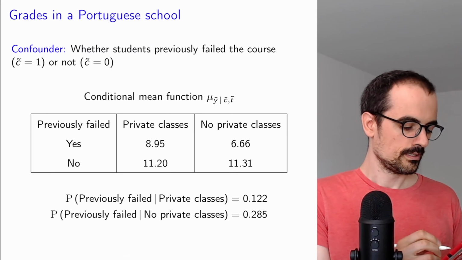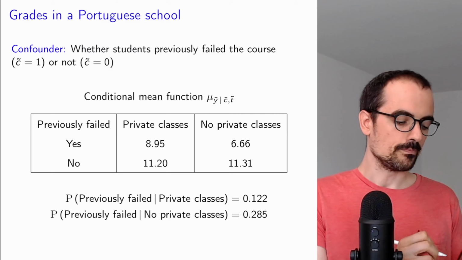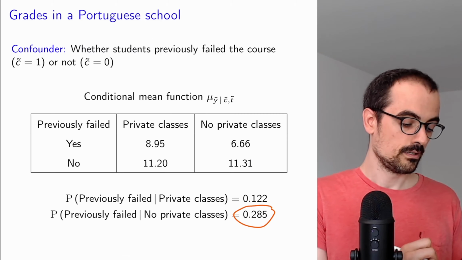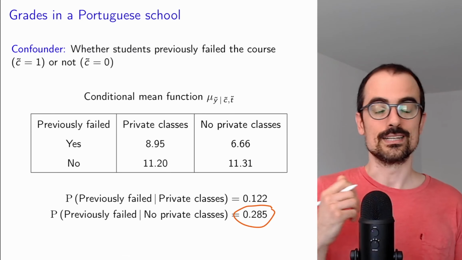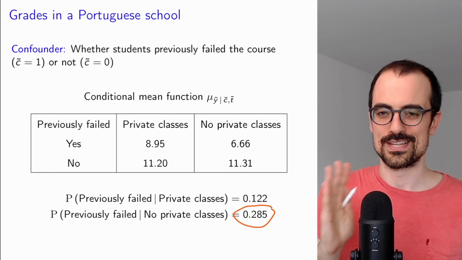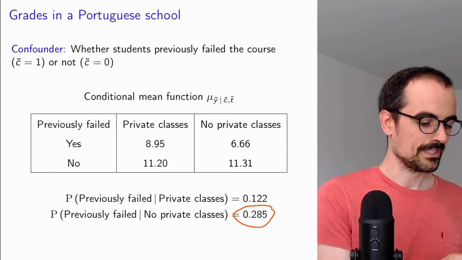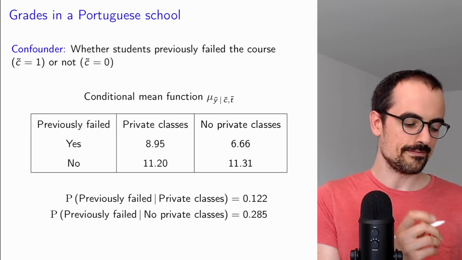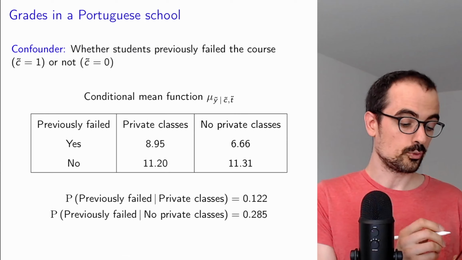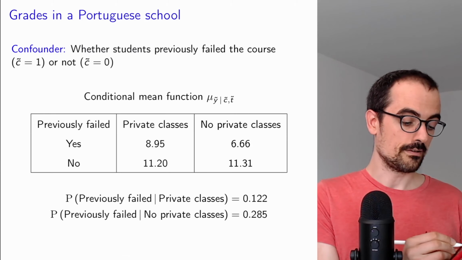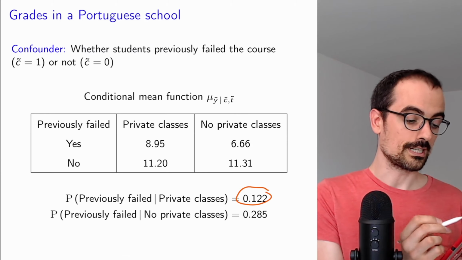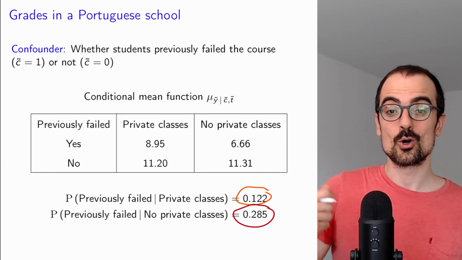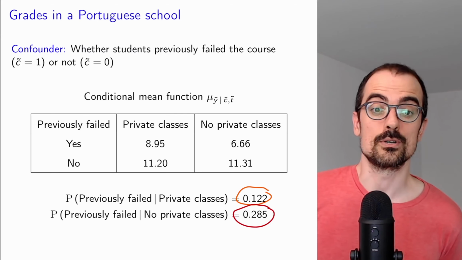students are more likely to not take private classes. So I got confused there for a moment. This is what I mean. If we look at the fraction of previously failed students within the treatment group, that's 12%. And within the control group, it's almost 29%.